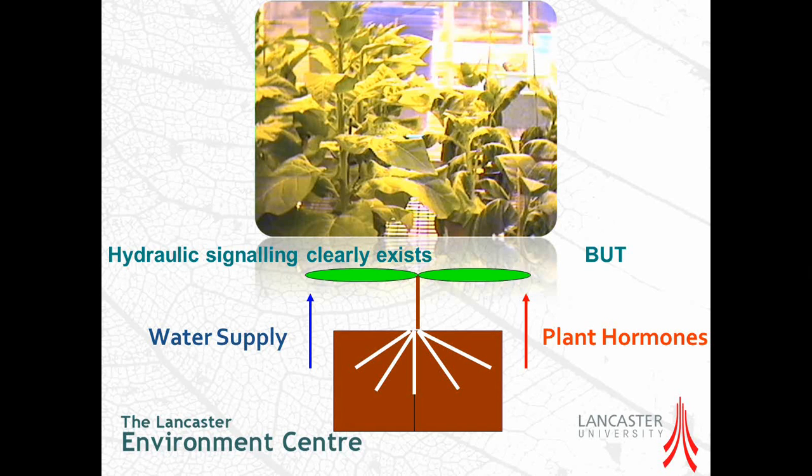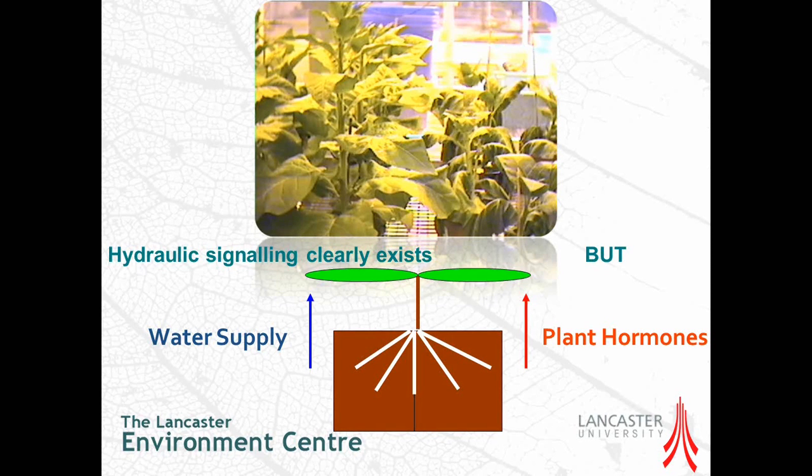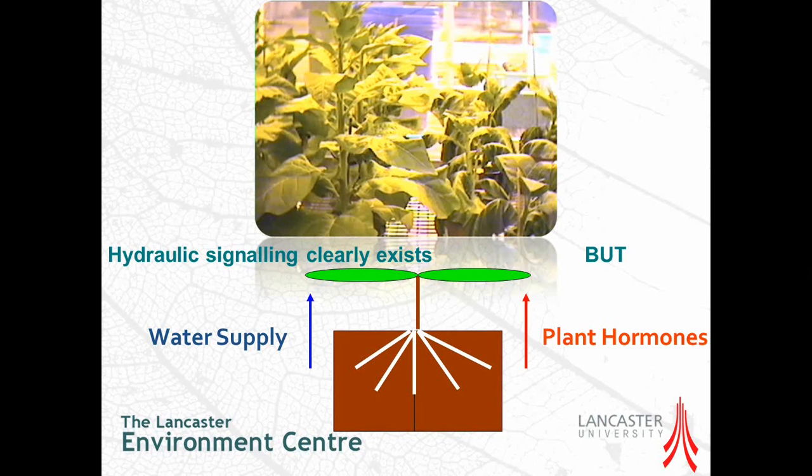But even in situations where the crop can sustain turgor and leaf water potential, stomatal conductance and growth can still be limited. And the argument is that chemical signals, in particular plant hormones moving from the roots to the shoots, can actually regulate some of these processes within the leaf.